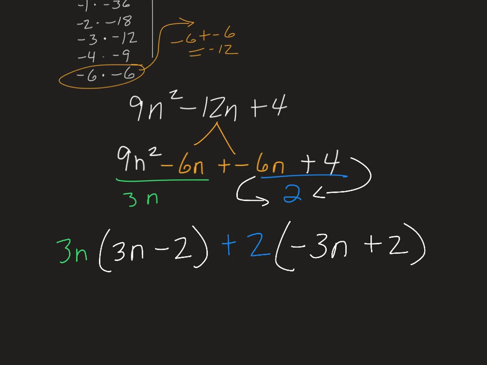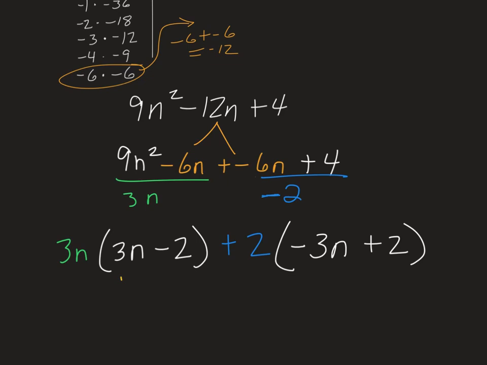Now, you notice that I don't have a common binomial here like I need in order to be able to factor that out. They're almost the same, but not quite. So here is how I'm going to adjust that. In my previous step, instead of factoring out a 2, I'm going to factor out a negative 2.